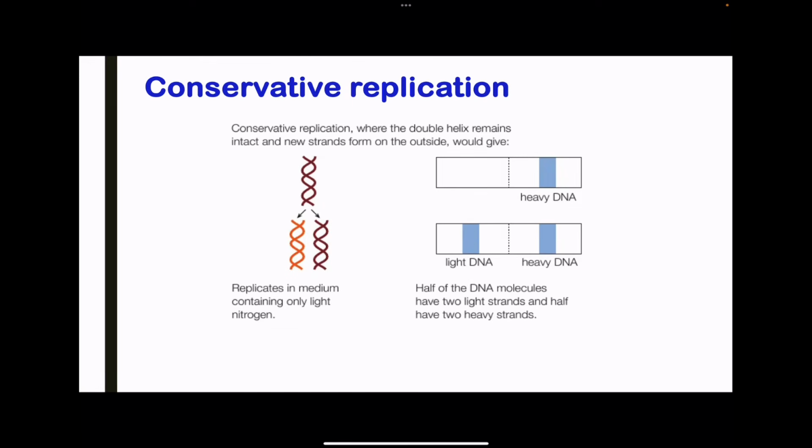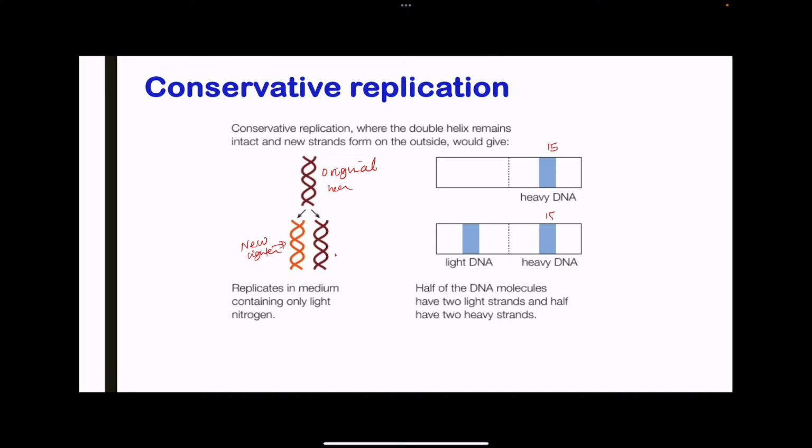This is the conservative model, where we expect the original strand to somehow instruct the formation of the new strand. This is going to be the new strand, purely 100% lighter nitrogen, and the other is going to be the heavier one. If this was heavy, then this is going to be heavy, and that is going to be lighter, like we can see here. This is nitrogen-15, which is heavy.